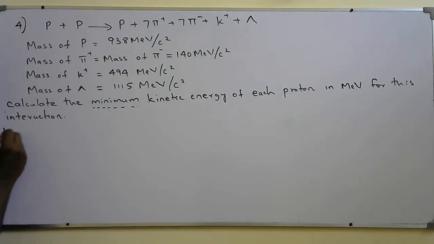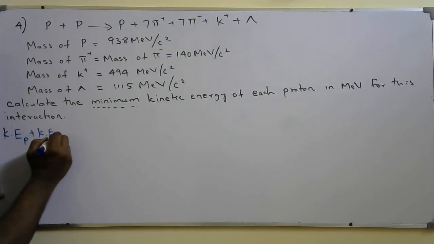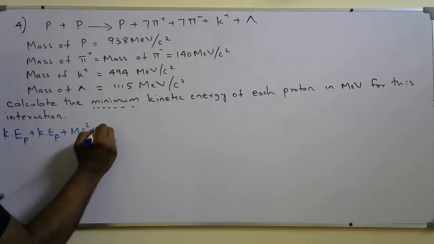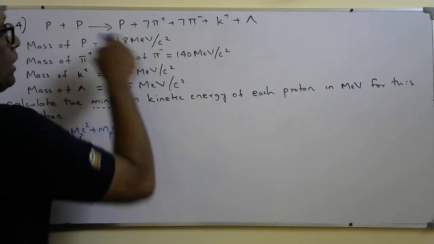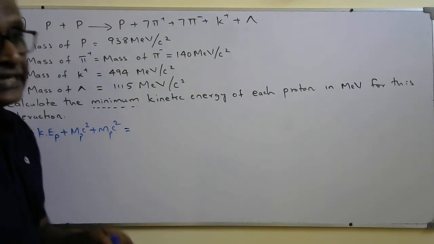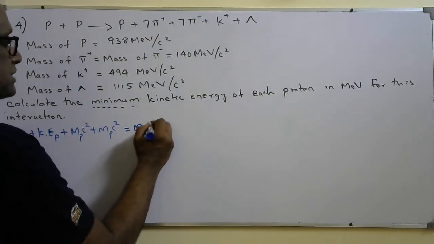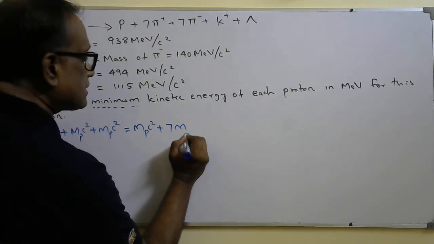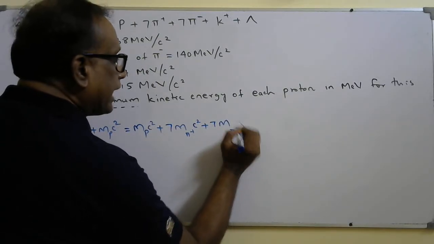So I can say kinetic energy of proton plus kinetic energy of proton plus mass of proton c squared plus mass of proton c squared is the total mass energy I am calculating. It is equal to, all of them have kinetic energy 0, but here: mass of proton c squared, 7 times mass of pi plus c squared, 7 times mass of pi minus c squared.